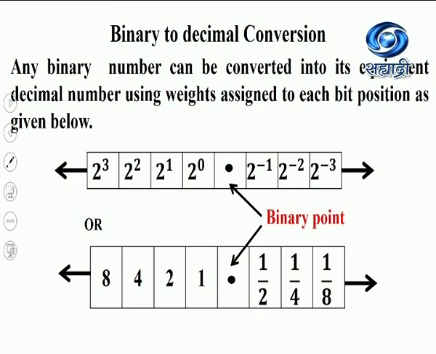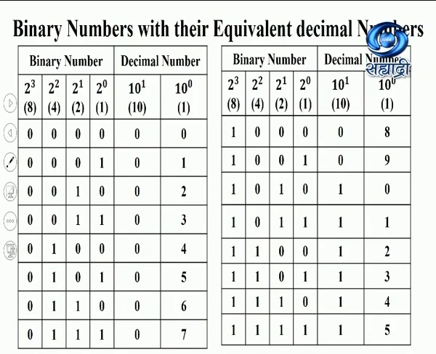So if we simplify, we can write the above weights as shown in the down table. Binary numbers with their equivalent decimal numbers are shown over here. So binary numbers from 000 to 111, their equivalent decimal numbers are shown in this table.